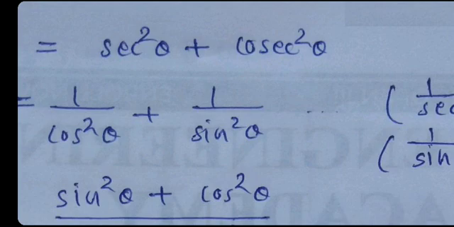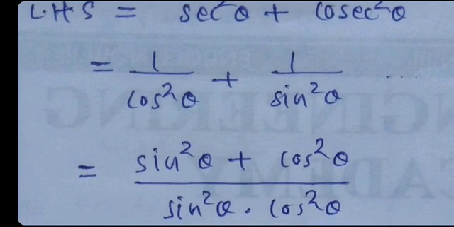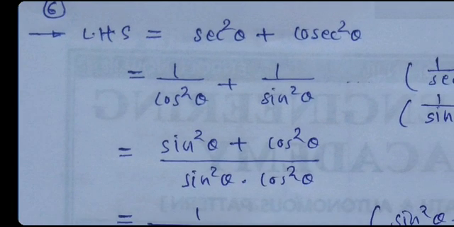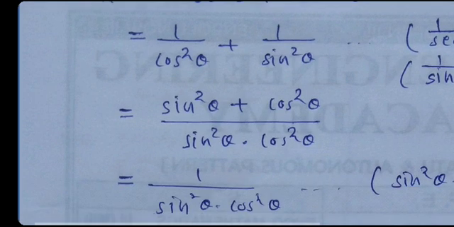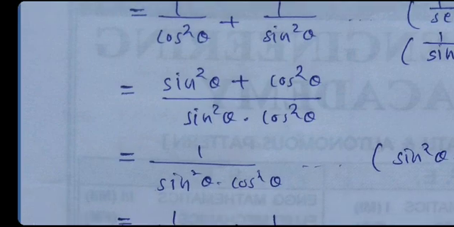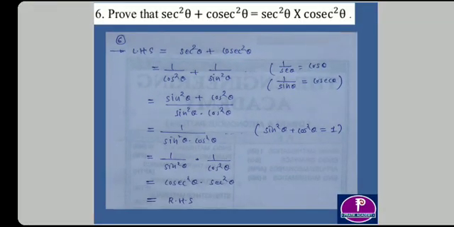Therefore cosec square theta becomes 1 upon sin square theta. Then the denominators are different, so make the denominators equal by this step.